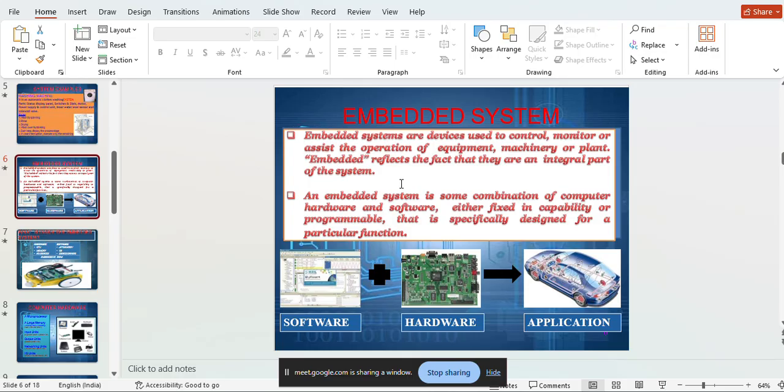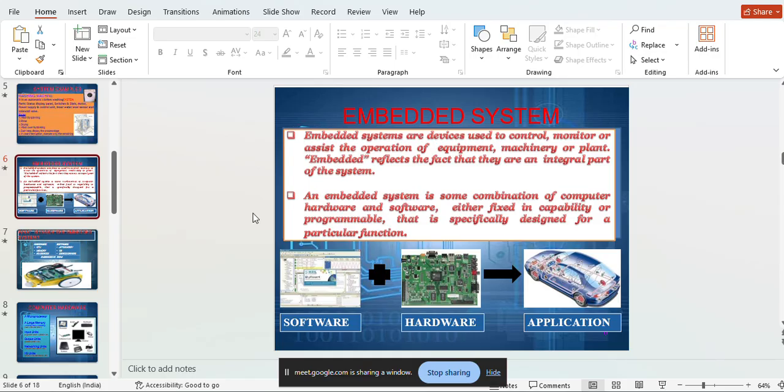Embedded reflects the fact that they are an integral part of the system. So this is the definition of embedded devices.